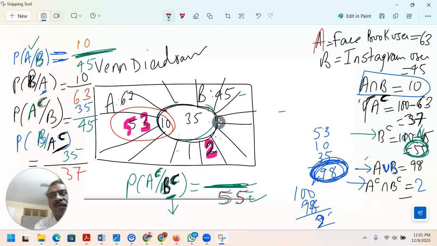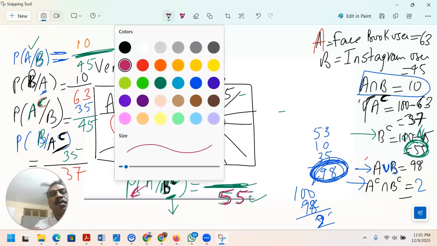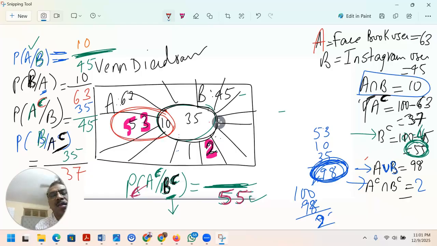So this is a reduced sample space. Among this 55, you want to know how many of them are non-Facebook users. But the Facebook users are this 53. The non-Facebook user has to be this 2.